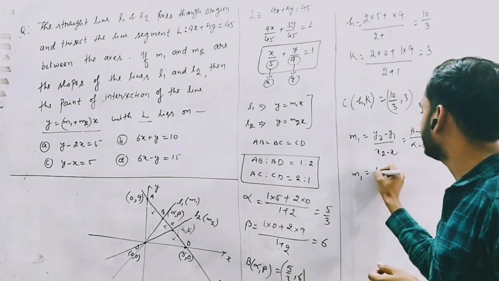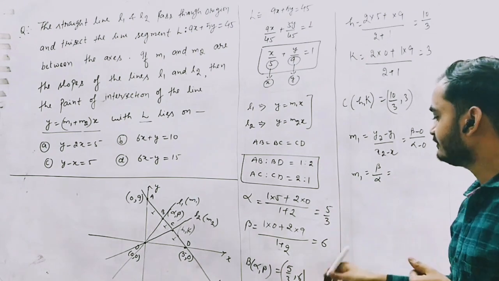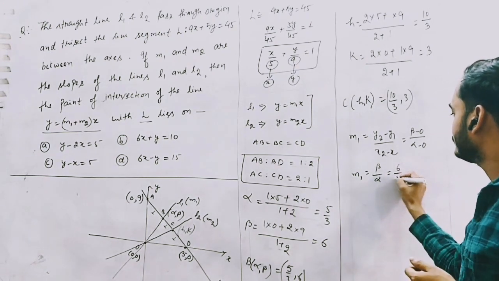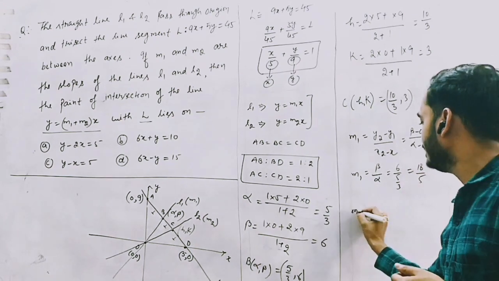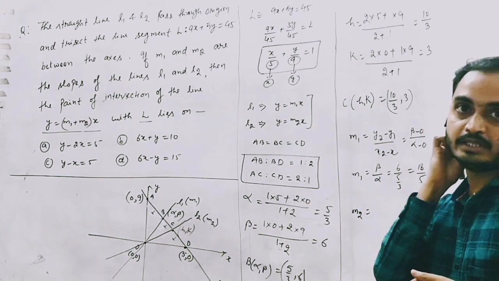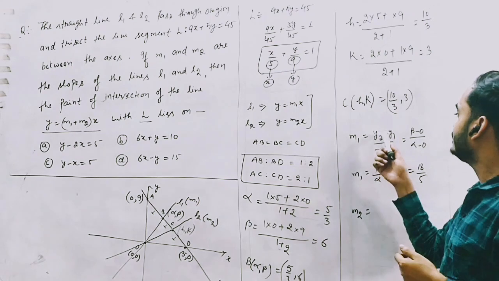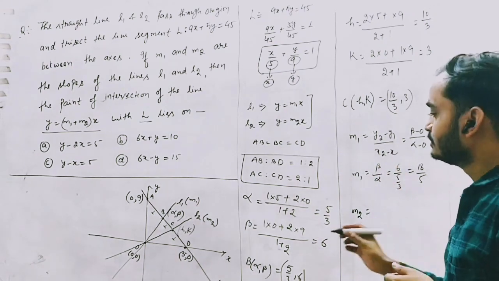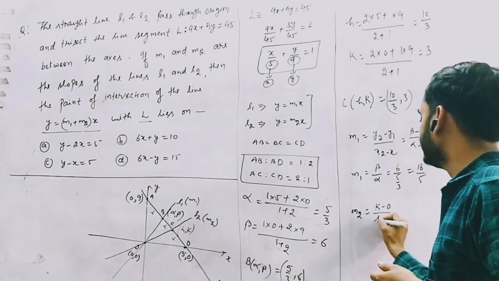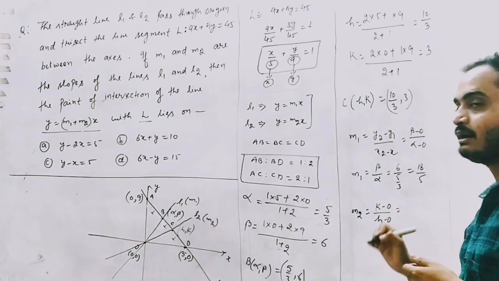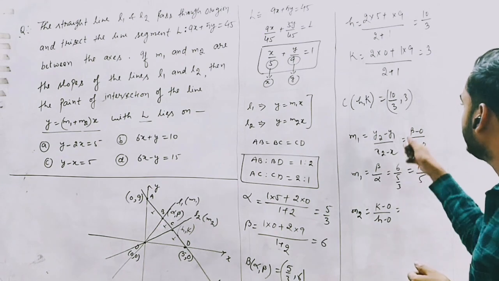So m1 is equal to beta upon alpha. Beta we have already found, 6 upon 5/3, that will be 18 upon 5. Similarly, m2 can be found by using the same formula, y2 minus y1 upon x2 minus x1. So this will be equal to k minus 0 upon h minus 0, that is k upon h.